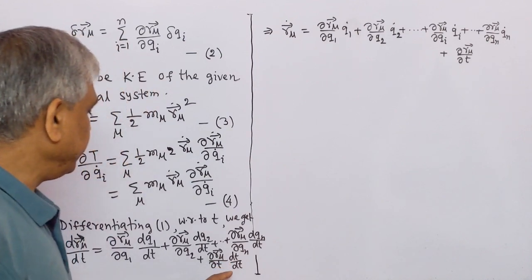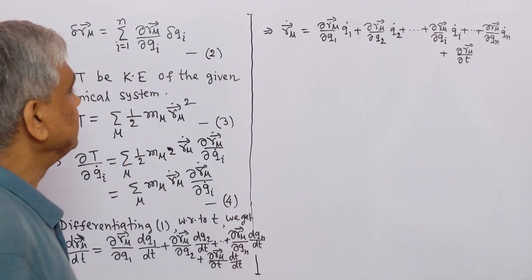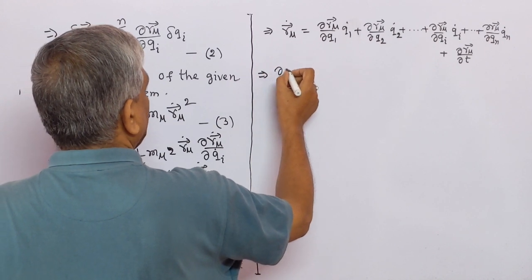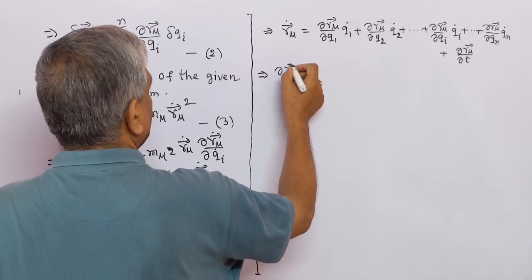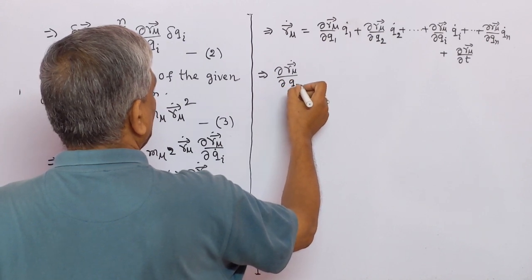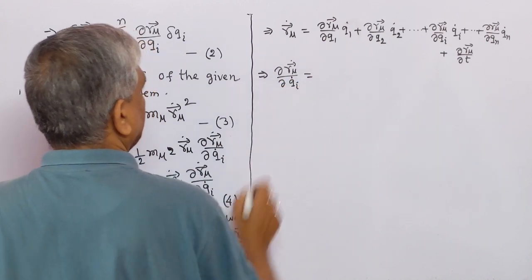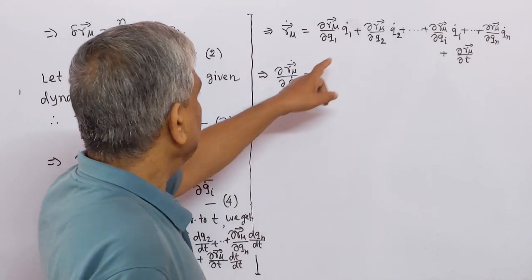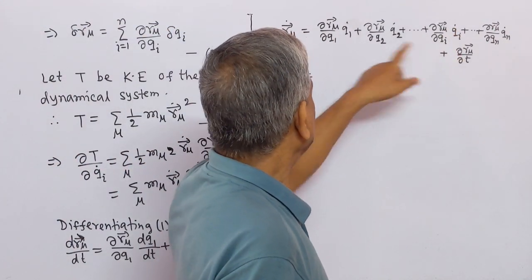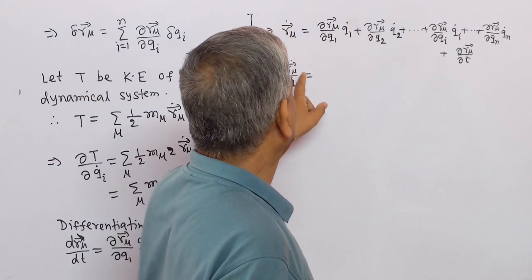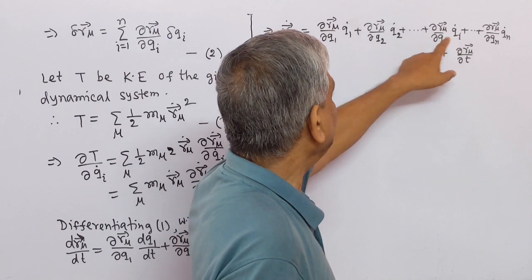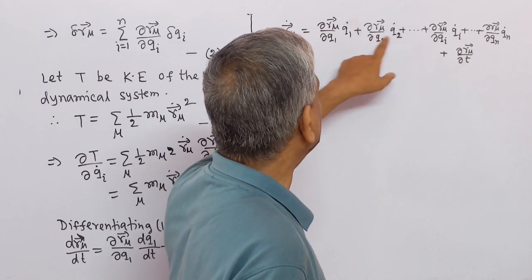Here dt by dt is 1, implies that differentiating this with respect to qi dot, here we have term qi dot, so partial derivative of r mu dot vector with respect to qi dot, here 1 and other will be 0.